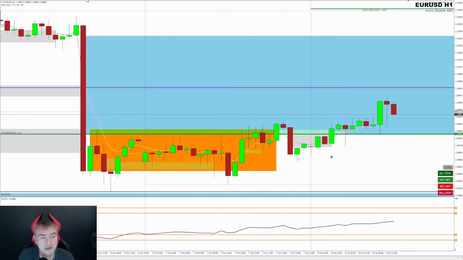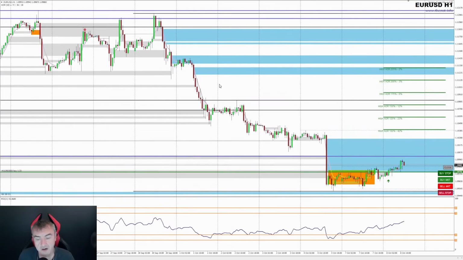The reason limit orders I think are bad is wherever you put them, right? Let's say, for example, you think price is going to hit this propulsion gap and then it's going to short. If you place a limit order here, and price pushes up like this, and then we get a news event that blows through to 150 ADR, you've just got into a trade there for absolutely no reason.